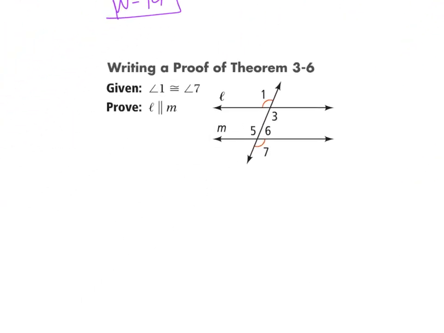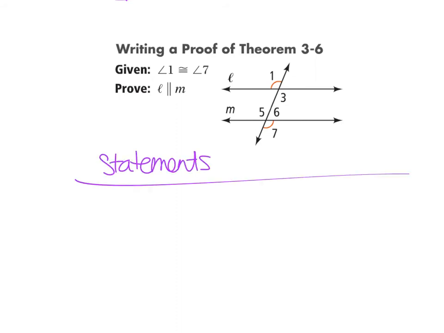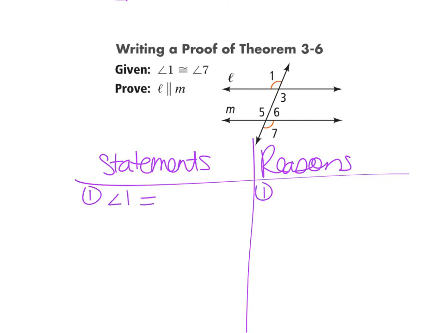Okay, last part. This is a proof, a real one, not a pretend one. So let's set it up. We've got our statements and we've got our reasons. First, of course, start with your given: angle 1 is congruent to angle 7. Given. There was a theorem that talks about those two angles.